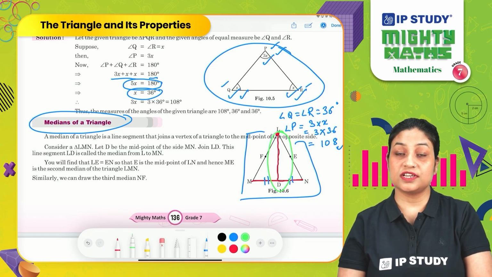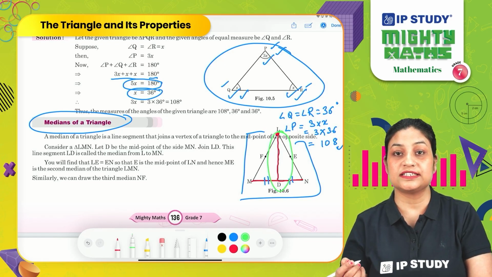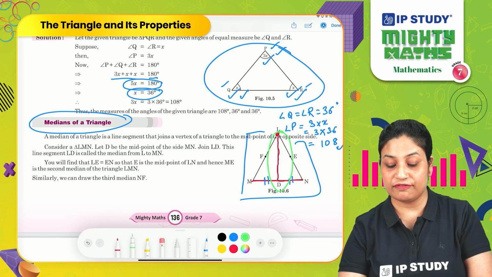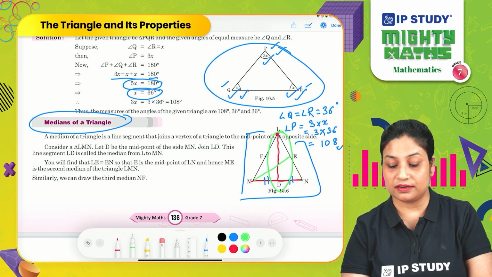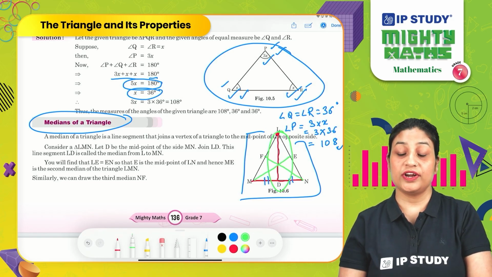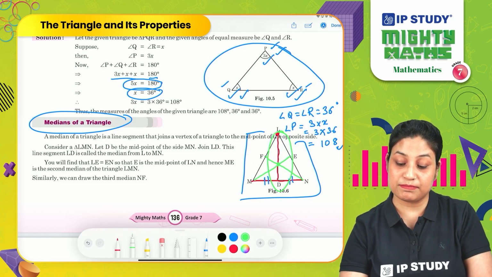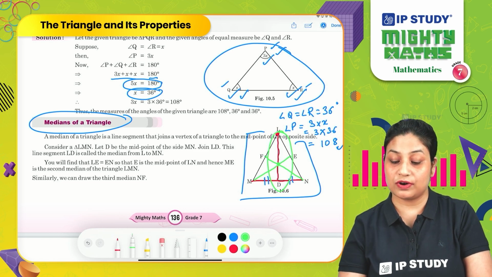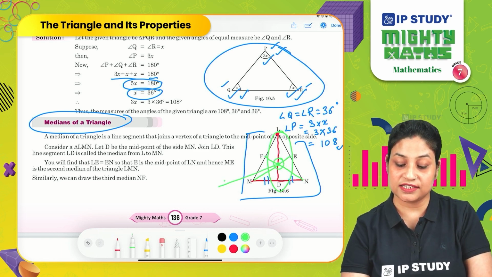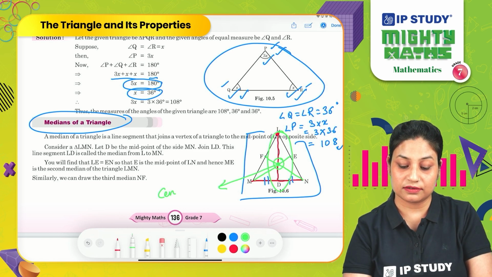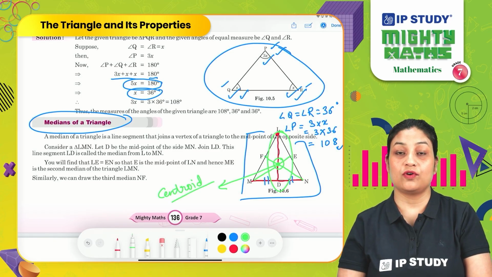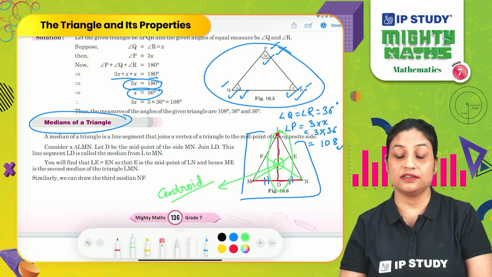Okay? Since we have three vertices in a triangle, we can have three medians in a triangle. And the point where the three medians meet, we call this point of intersection the centroid. I hope you have understood the meaning of median.